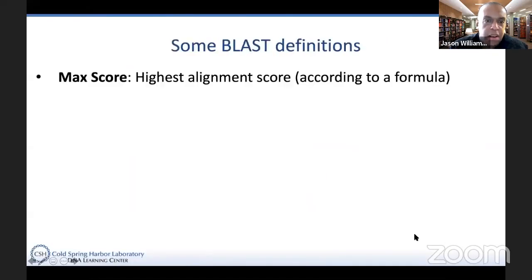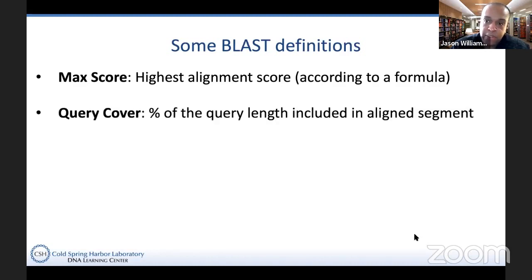Okay. So the max score is the highest alignment. So of the sequences that are in the database, the NCBI database has hundreds of millions of sequences. Which one had the highest alignment score? Lower number of mismatches, lower number of gaps. What was the percentage that was covered in the alignment?